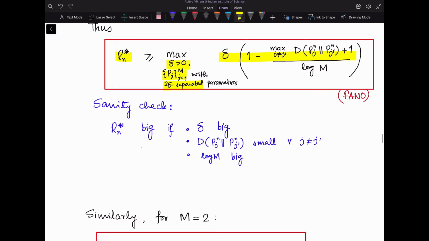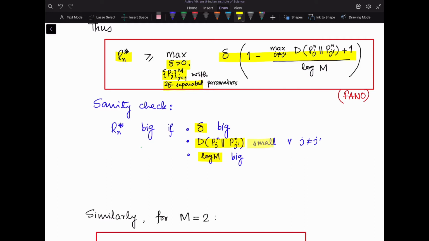Okay, so let's do a sanity check on what we have obtained. So this says that Rn star is big if delta is big, D is small, the KL divergence, and log m is big. So in these cases, your Rn star would be big. So now we want to see if this makes sense. If log m is big, it means there are many probability distributions, okay, which you want to distinguish amongst.